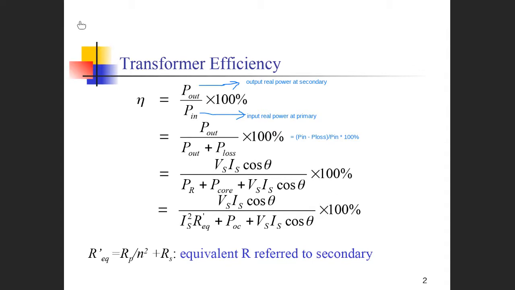And here, this is the secondary referred output power. So here we said secondary voltage, secondary current, and secondary loading power factor. So this is the secondary output power, the power to the load, or we say the real power to the load.